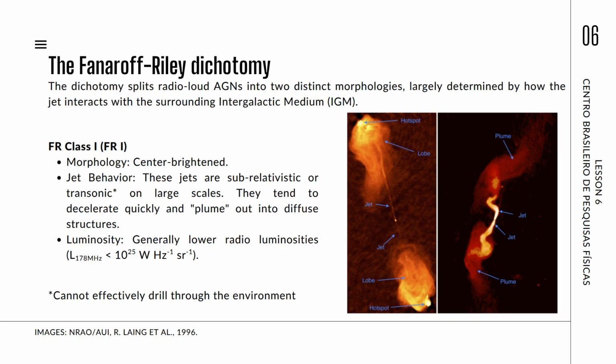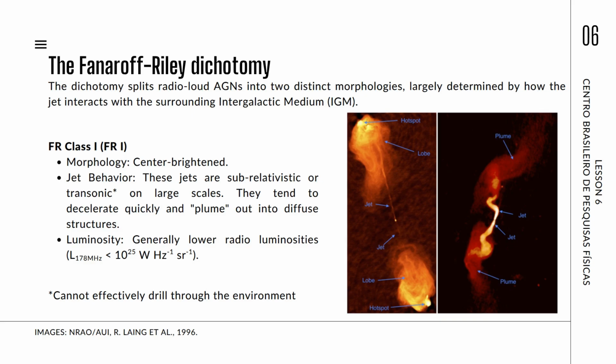So the basic picture is this one here on the right. This first panel on the left shows us a Fanaroff-Riley type 2, and this on the right is a Fanaroff-Riley type 1. This is convention, but this also separates a lot of the physics here. These guys here, the Fanaroff-Riley 2, have very powerful jets that can drill through the intergalactic medium.